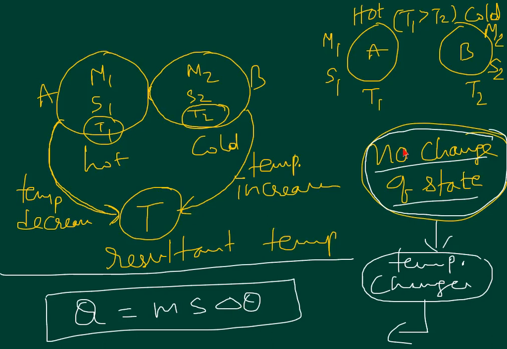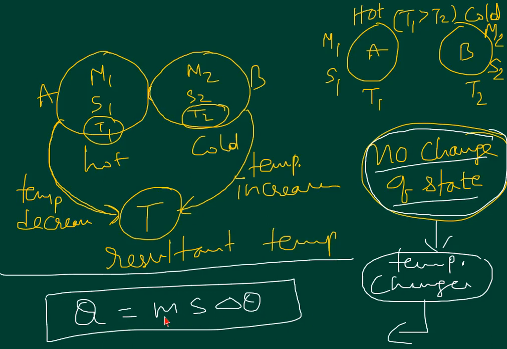So here there is no change of state. The two bodies A and B remain in the same state; just their temperature has changed. From T1 to T it decreased, and from T2 to T it increased. Only the temperature changes, so my formula is Q = ms delta theta.